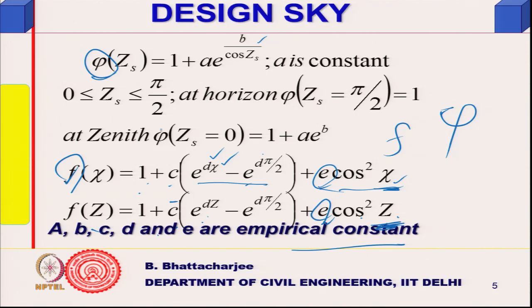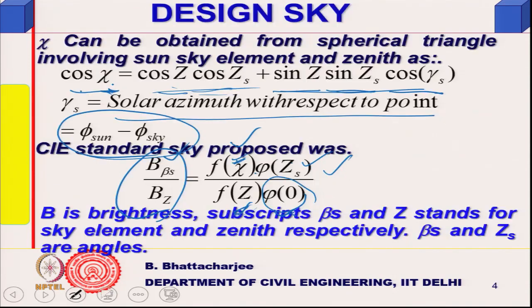So, all that is there is A and B. If you go back to the formula, this value we said will be 1, this will also be 1 in a way.